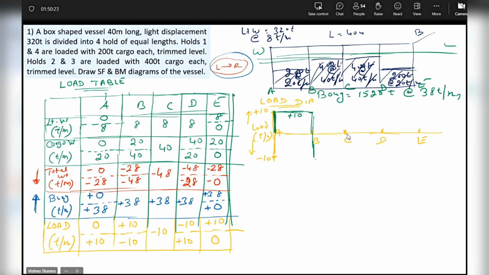Then it remains minus 10 to C, and continues to be minus 10 up to D. Then it goes to plus 10 and becomes 0. Please see if you're comfortable with the load diagram. If you're not, let me know. These last values are taking us to this diagram.